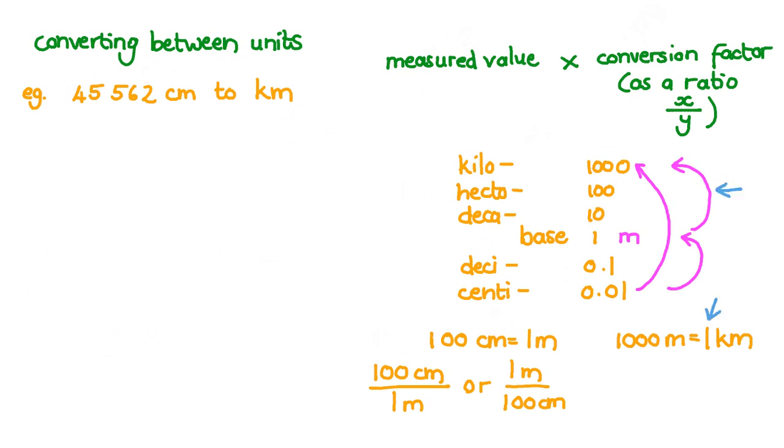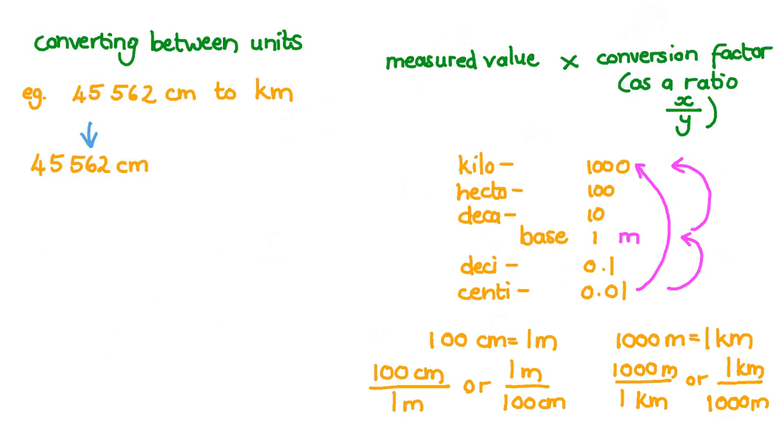And the conversion factor between meters and kilometers is 1,000 meters equals 1 kilometer, which we can write as 1,000 meters over a kilometer or 1 kilometer over 1,000 meters. So we write down our measured or given value and multiply it by a conversion factor.